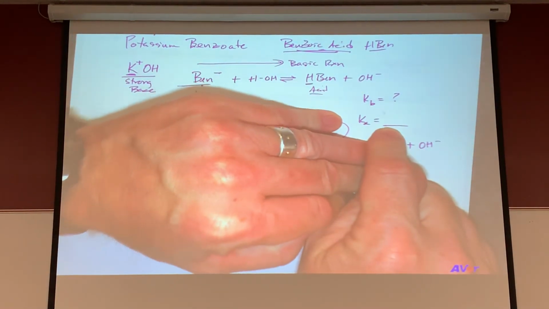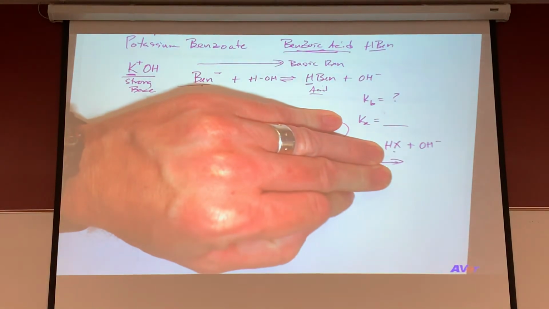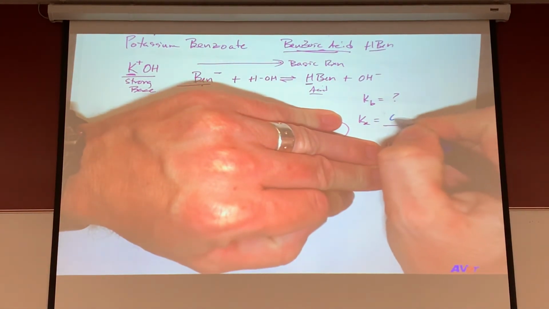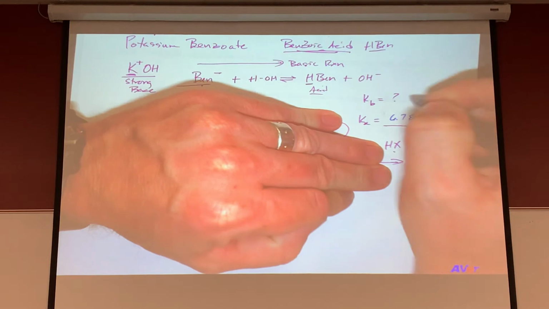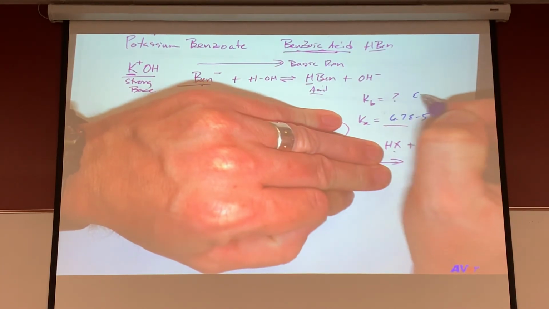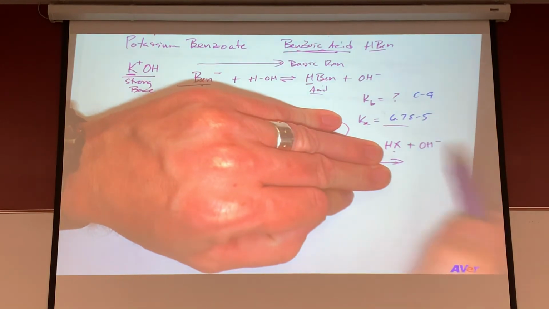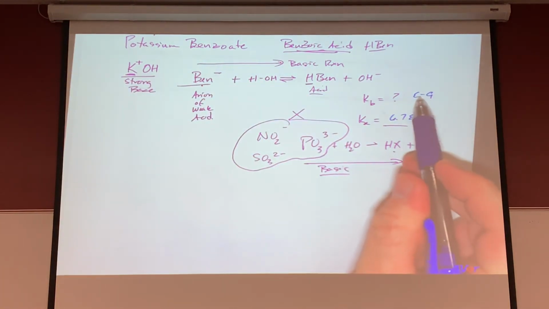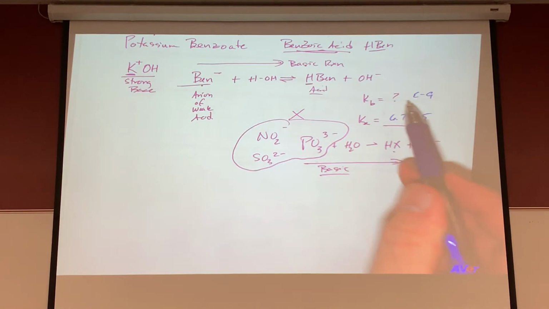I don't know what those numbers are, but for the sake of illustration, say this was 6.7 times 10 to the negative 5, and this is, I don't know, times 10 to the negative 10. That would tell you that it's a stronger acid than the benzoate ion is a base.